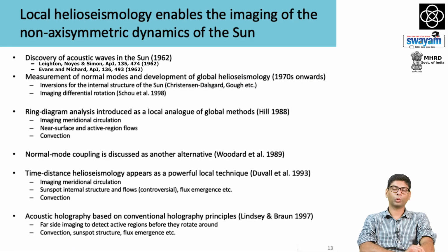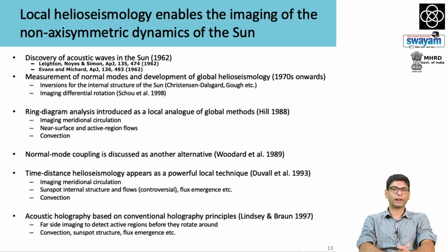Now we discuss what changes to the Green's function can tell you, and that forms an entire subdiscipline in helioseismology, known as local helioseismology, which enables, as the title says, the imaging of local or regional and non-axisymmetric structures in the sun. So let's go through a brief history.